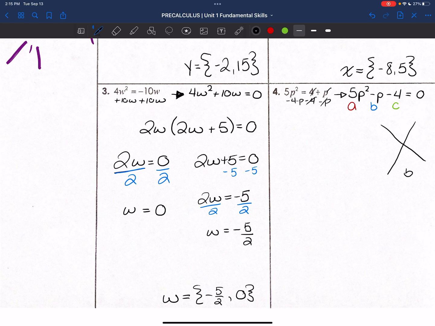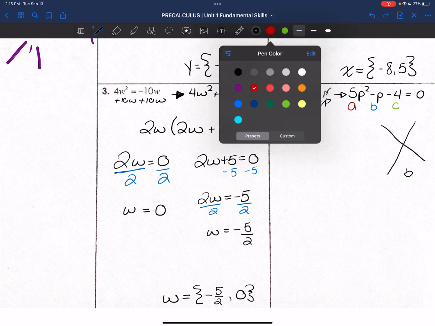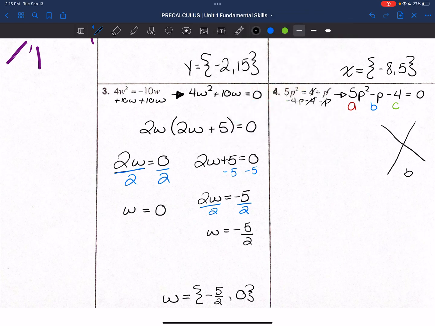Your B is still going to be in the bottom. What is our B? What is the number in front of P? It is a -1. This is really a -1P.